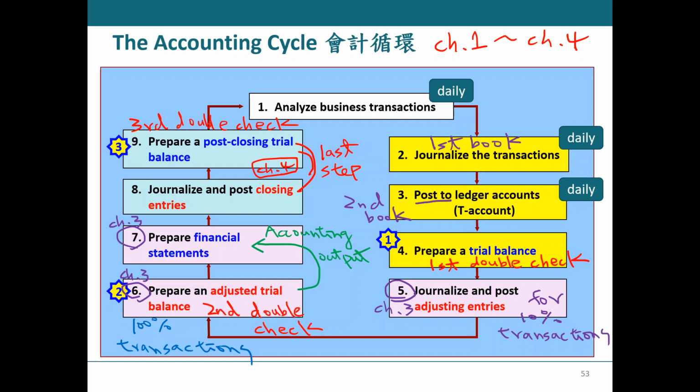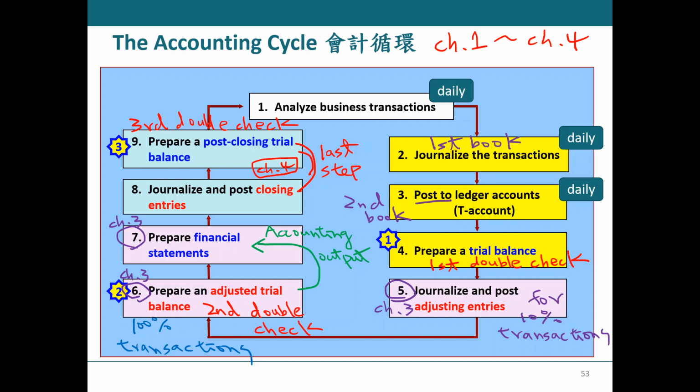Accrual basis accounting, 应计基础会计, told you every time when a transaction happened, you need to record it now. So when transactions happen every day, the company does business every day, so they have many transactions. So you need to record it every day. Okay?